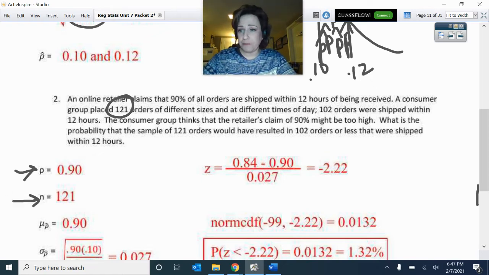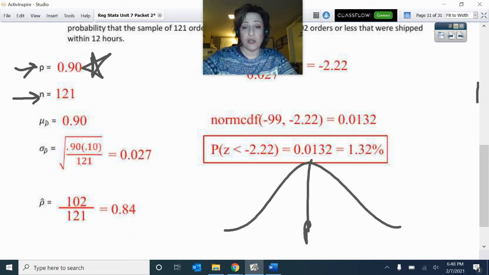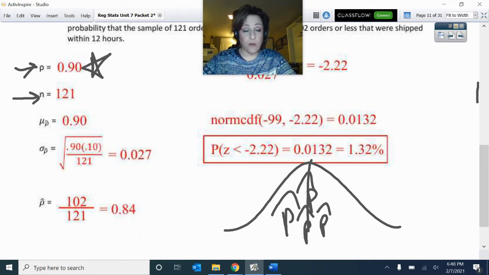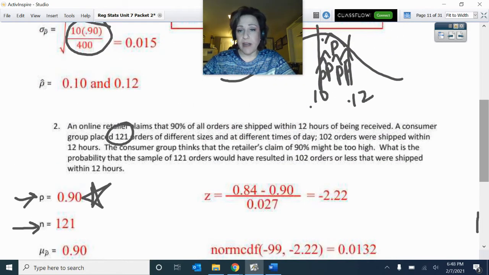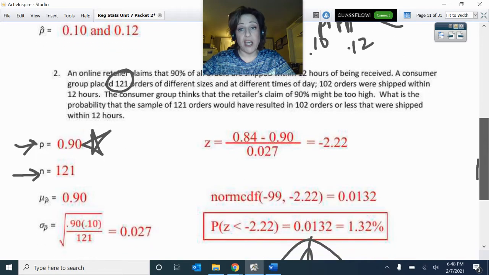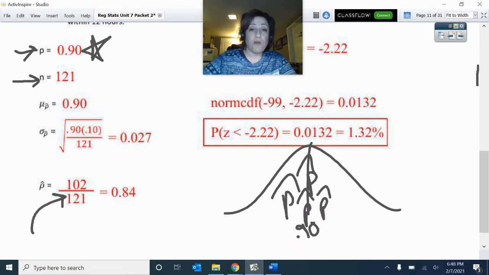Okay, so that's our sample size, which means that if the population claim is true, then our samples should be centered around 0.90, and most of our samples of size 121 will have had 90% of their orders shipped within 12 hours. This sample happened to be 102. So that's how we got this amount here, which is 0.84.